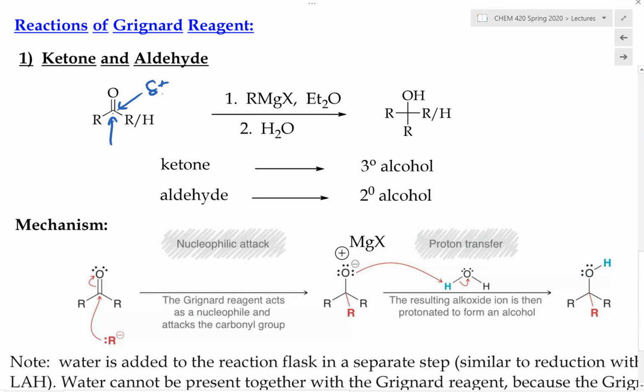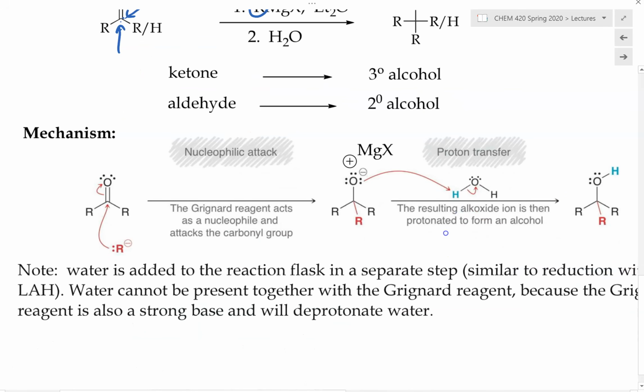And when we take this and treat it with the Grignard reagent, depending on what this R group will be, it can be any alkyl group or maybe a vinyl group as well, in case it is a double bond. It becomes negative, so acting as a nucleophile, it comes in, attacking this carbon. So the mechanism is as follows.